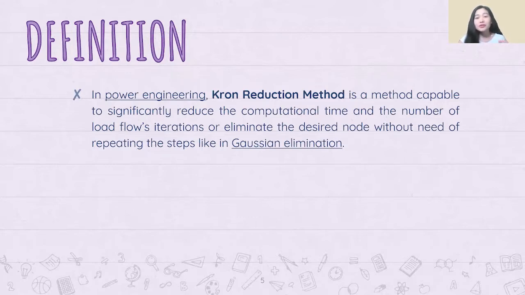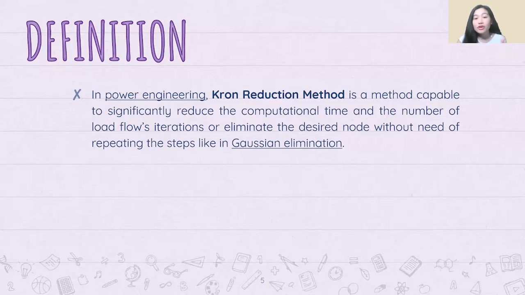Way back in our numerical analysis, third year subject natin, yung Gaussian elimination is known to be having numerous iterations or load flow iterations that even though we are using Excel, it takes us time to be able to come up with the value that is tugma dun sa hinahanap natin.